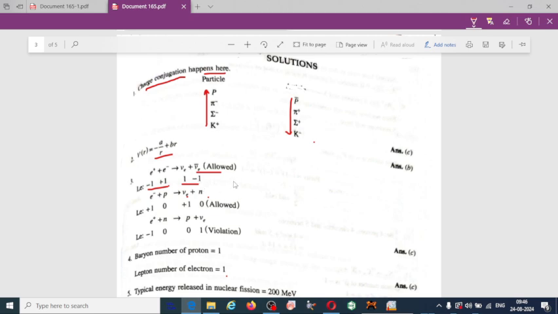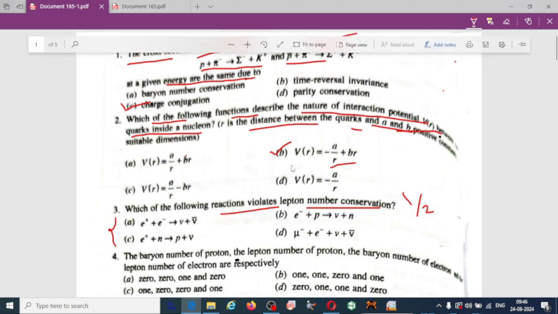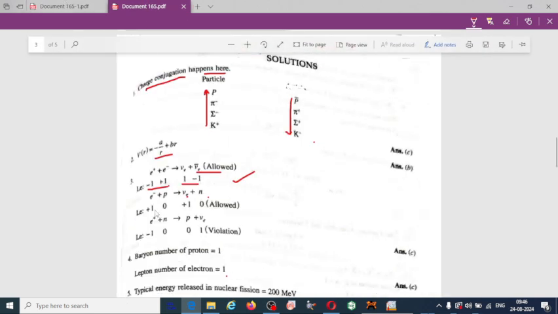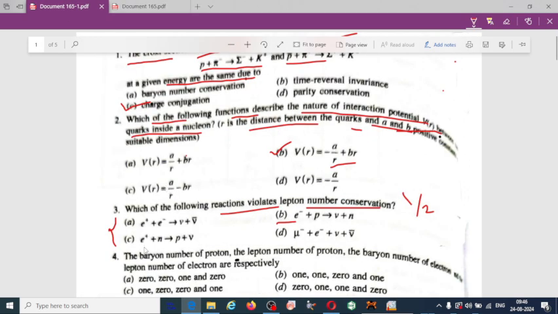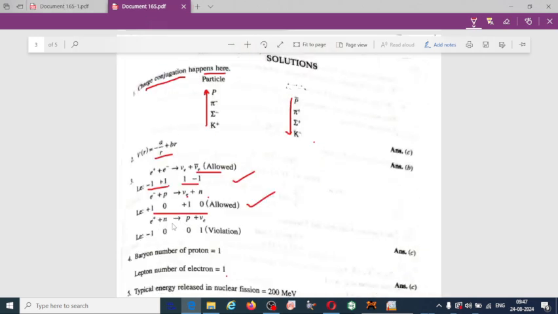So it is allowed. For the second reaction in the given options, electron plus proton, after reaction neutrino plus neutron. Here also charge is conserved. For the third reaction, we have electron positron, that is E plus, and neutron, which after reaction will give proton and neutrino.